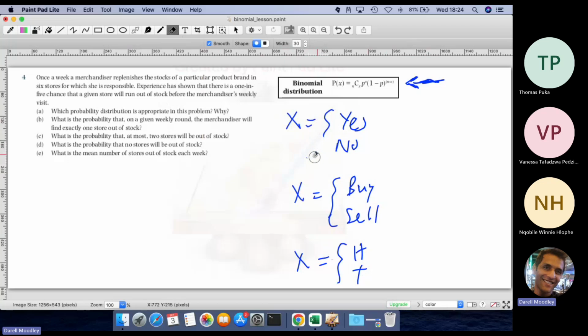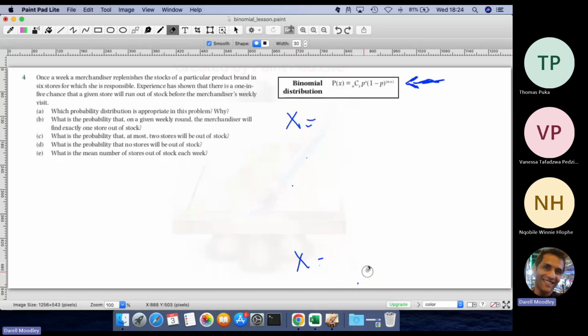You first need to identify that X only has two possible outcomes. The second property is that there's a fixed number of trials. Take that first example I gave you earlier, of buy or sell. There are only these two possible outcomes.